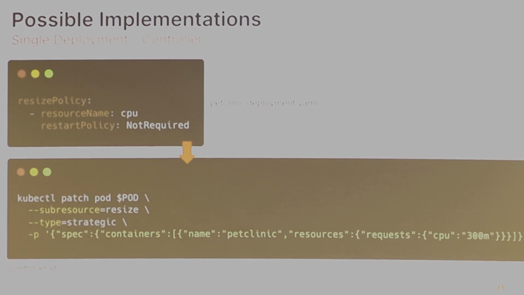So when you run the kubectl patch pod, the cgroup automatically updates the available CPU without restarting the pod. These are basically the 2 things you need to know to use In-Place Pod Resize: how to target a pod, an application, for the In-Place Resize, and how to patch the application.